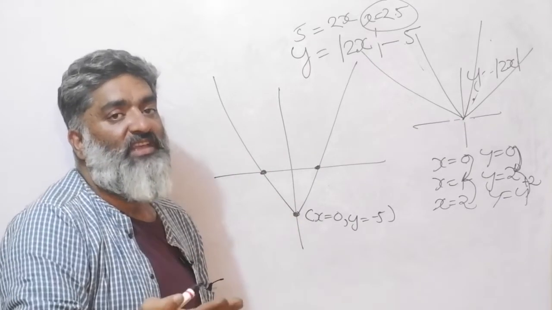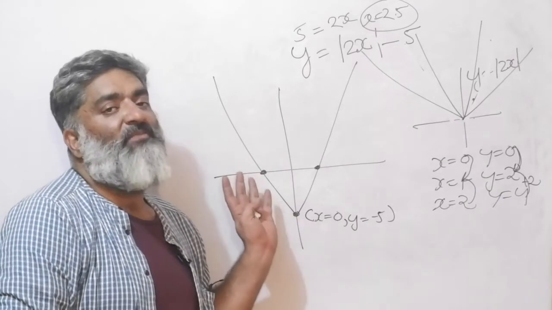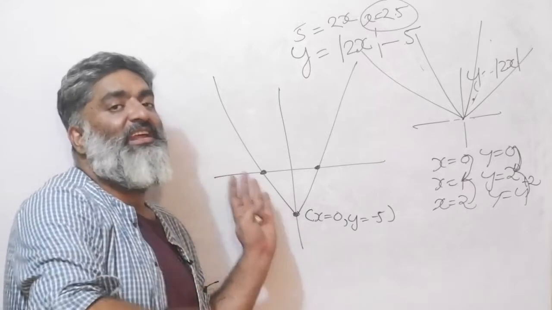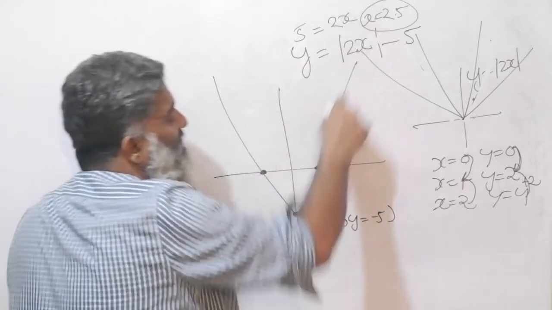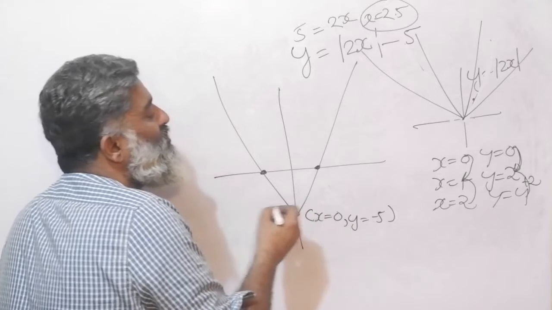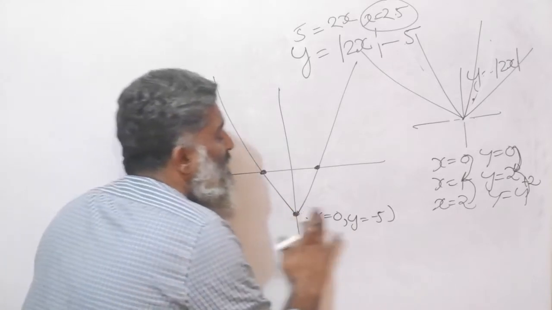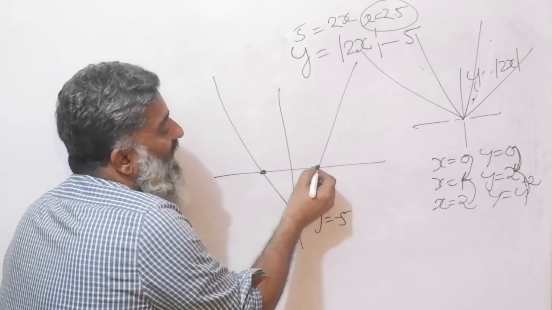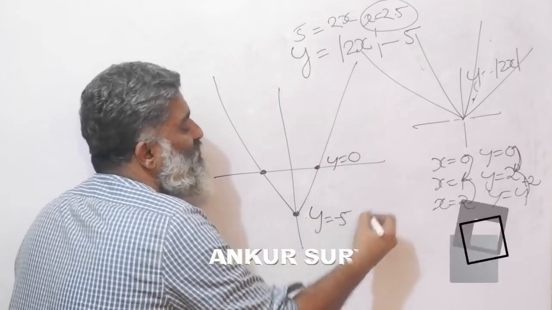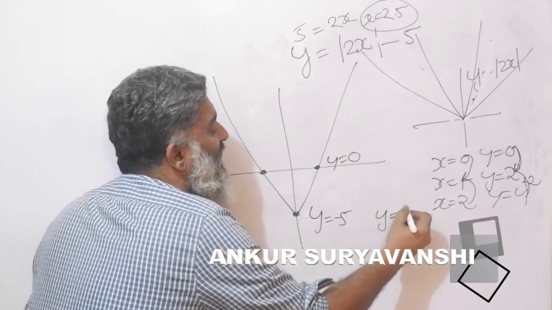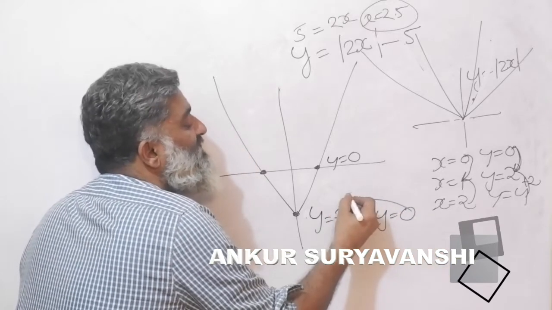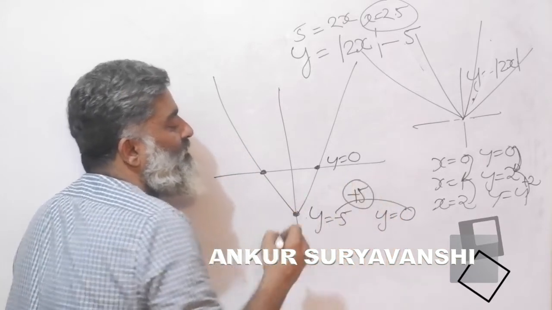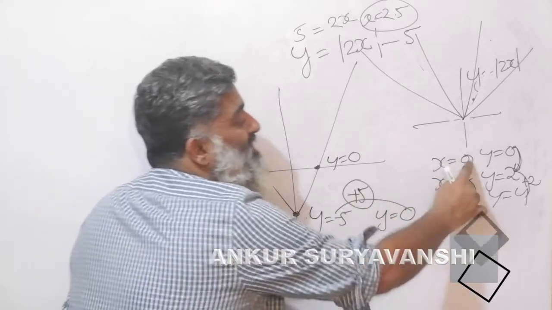It is, and everything is symmetrical. Whatever is happening on one side, the exact copy of it is happening on the other side, just the direction is different. So I can find the value of this, but I also want to use the slope concept, okay? So I am at y equal to minus 5 at this point, and this point is y is equal to 0. So from y is equal to minus 5, I want to go to 0. There is a change of plus 5. The slope is 2.